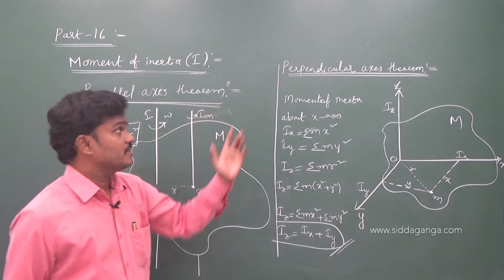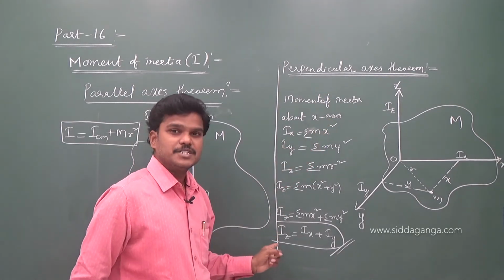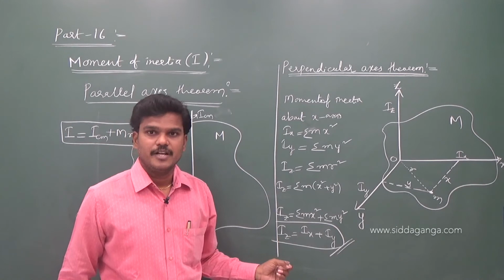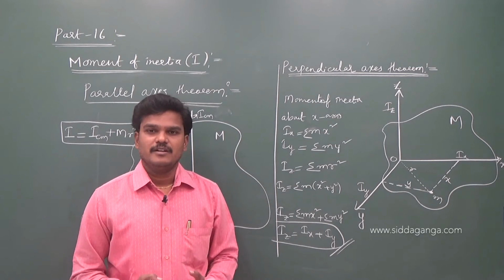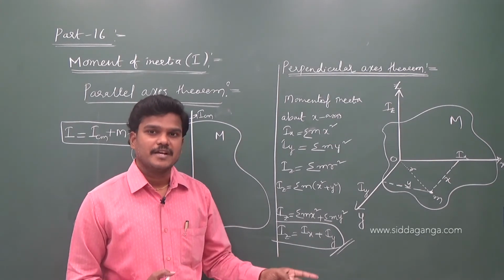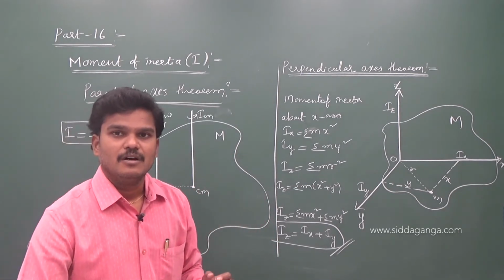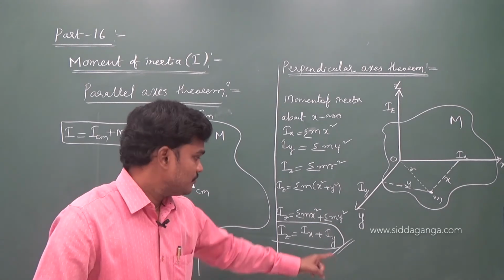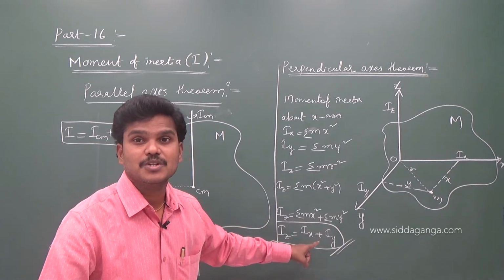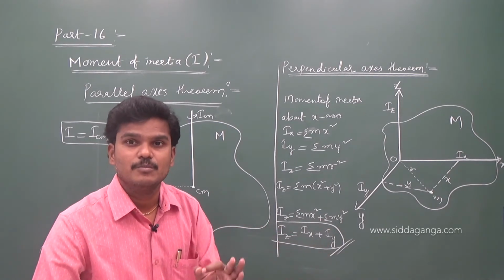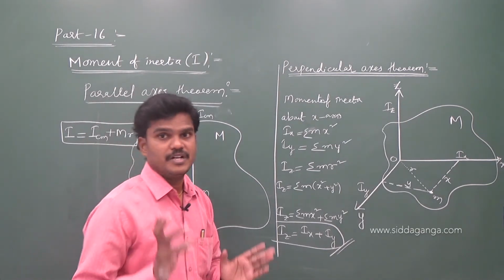So, according to the perpendicular axis theorem, the moment of inertia of a plane lamina or a rigid body about any axis is equal to the sum of the moment of inertia of the same plane lamina passing through the same point and which are perpendicular to each other.